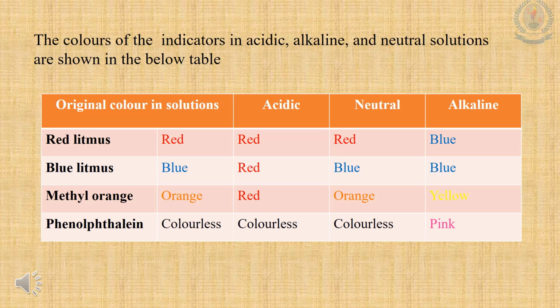Original color in the solution is colorless. Phenolphthalein is a colorless solution. In acidic media, phenolphthalein doesn't change, it remains as colorless. In neutral, same, colorless. But in alkaline solution, it's changed into pink color.